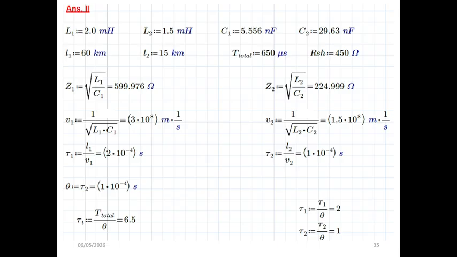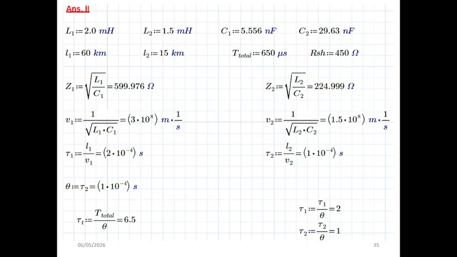The inductance and capacitance per unit length for both lines are given, as you can see here, allowing us to calculate the surge impedance using Z equal to the square root of L over C. Accordingly, line 1 has a significantly higher surge impedance, approximately 600 ohm, compared to line 2, which is around 225 ohm, indicating a strong impedance mismatch that will lead to reflections at the junction of the two lines.